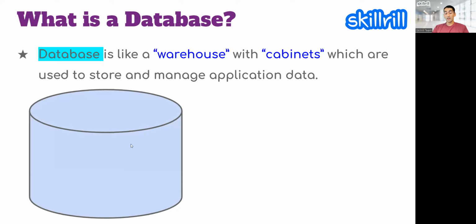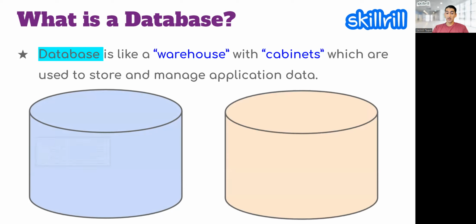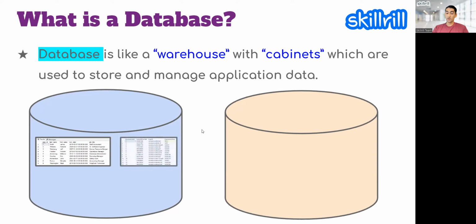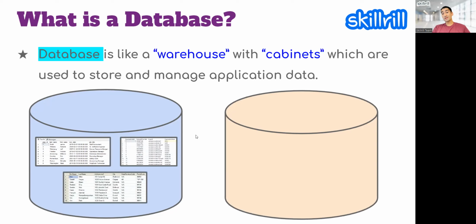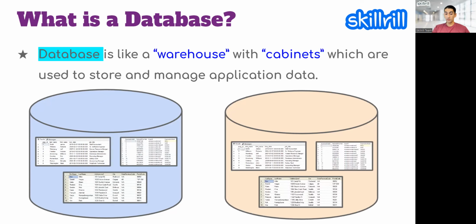And usually this particular symbol is used to represent the database. So what we have inside the database are the tables, right? As I said, like cabinets. If the database is like a warehouse, then the tables are like cabinets inside the warehouse, okay? So there can be many databases, and in each database there can be many tables, right?